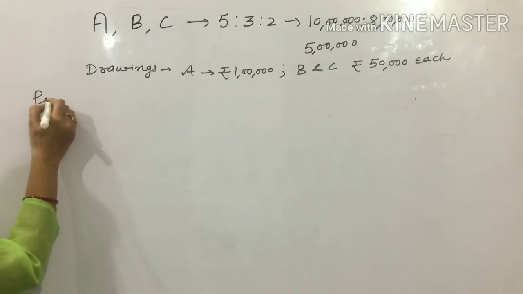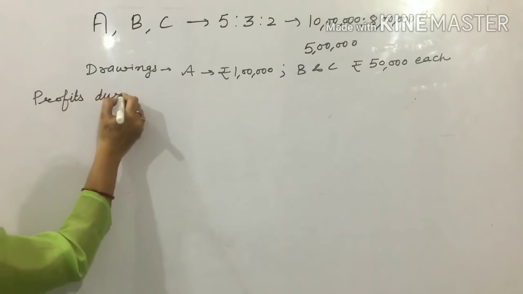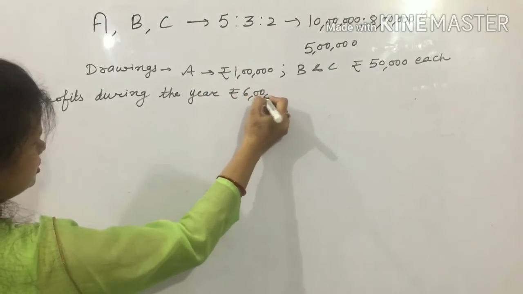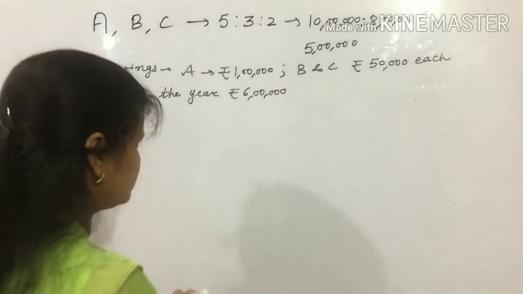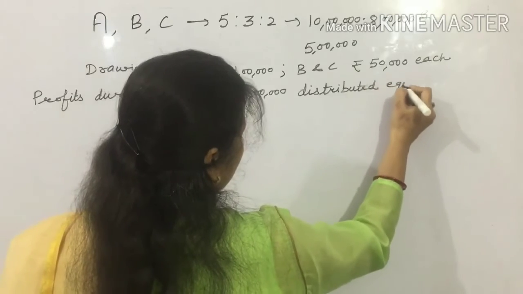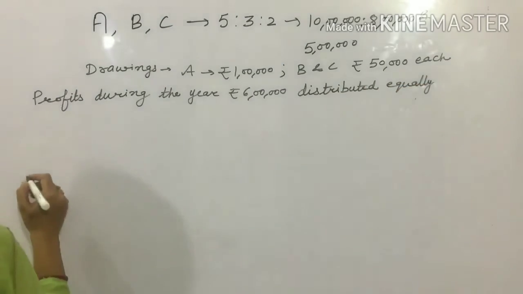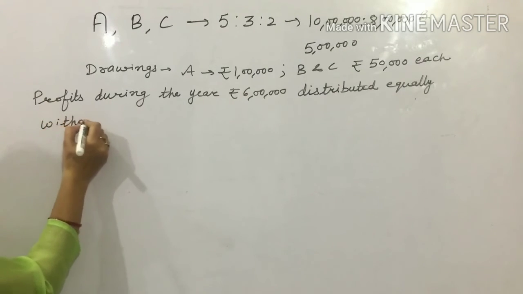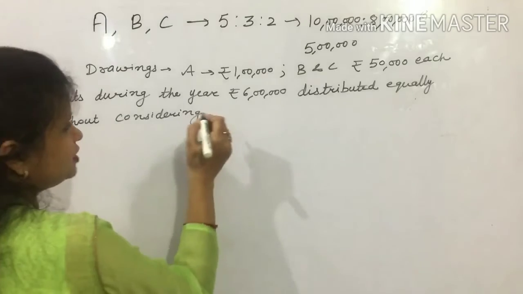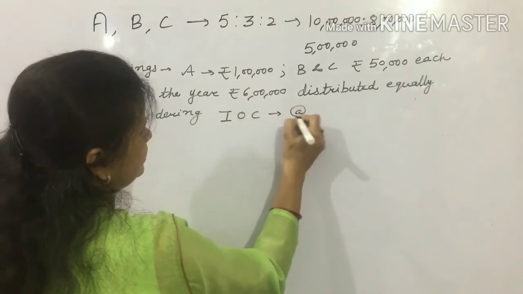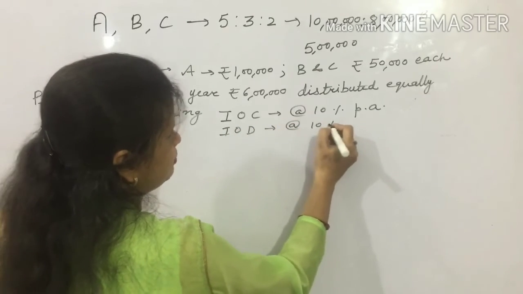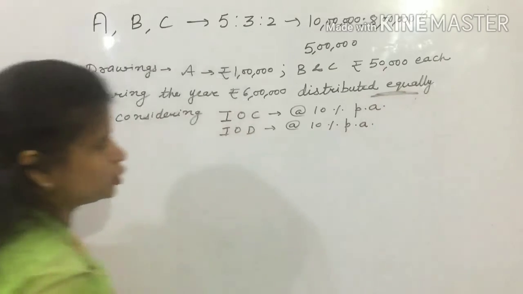Profits during the year, rupees 6 lakh, distributed equally without considering provisions which state interest on capital is to be given at the rate 10% per annum and interest on drawings is to be charged at the rate 10% per annum, and profits are not to be distributed equally.